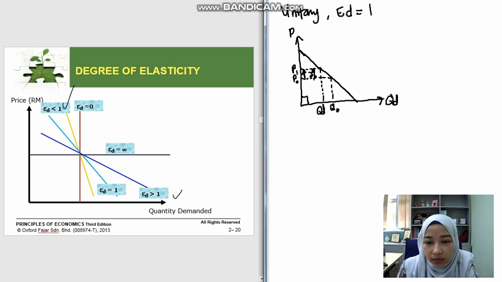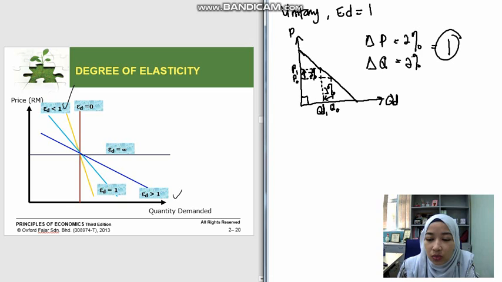The quantity demanded will reduce from Q0 to Q1, which is also by the same magnitude, which is 2%. So the change in price, 2%. The change in quantity demanded is also 2%. Okay, so that's why you get a unitary elastic demand, which is 1. So the curve should be like this.